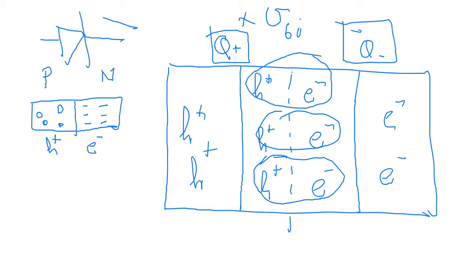So you change the diode by changing these charges. So a PN junction, when it's in the cutoff region, is just a capacitor.